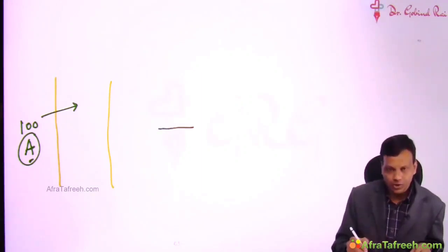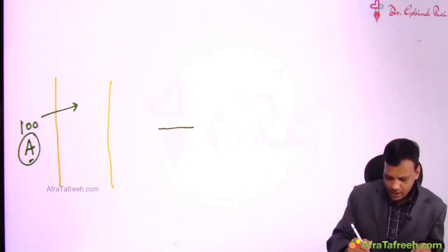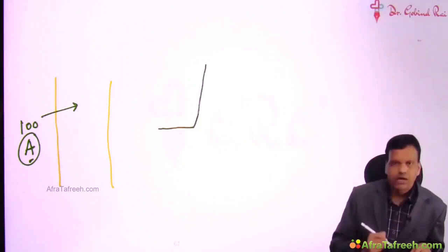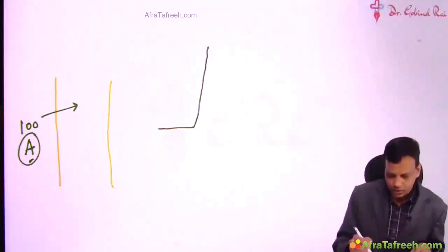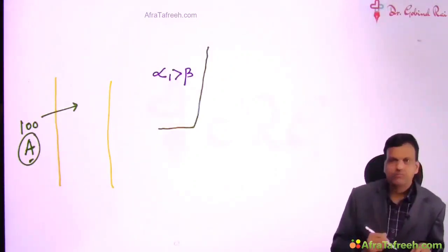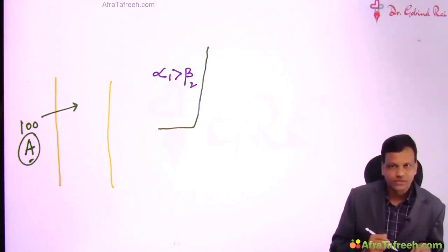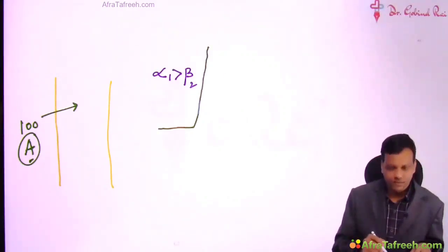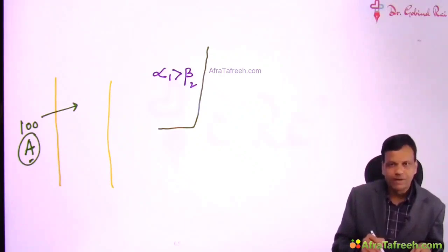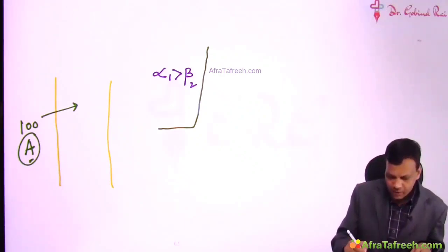When high dose adrenaline is given, 100 molecules are given, BP increases. Now why BP increases? Although it is stimulating both alpha 1 and beta 2, alpha 1 is a stronger receptor as compared to beta 2. So that leads to increase in blood pressure. But after some time, the metabolism will start. These 100 molecules will be metabolized to 90, then 80, then 70. So this effect will keep on decreasing.